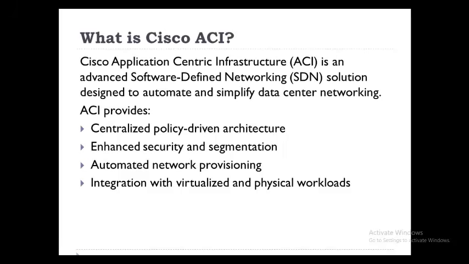And ACI also provides automated network provisioning. As I said earlier, when a device is attached, immediately ACI will say, if this is what is identified in this device, this is the policy. For example, a device is attached to VLAN 10. For all the devices in VLAN 10, this is the policy.